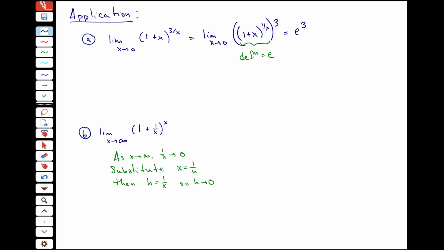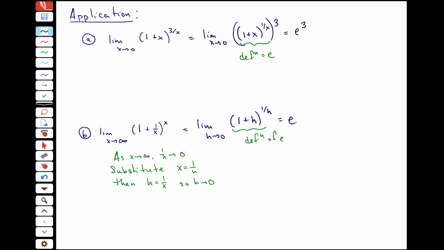So if I substitute h for x, I'm taking the limit as h goes to 0 of 1 plus, remember, x is 1 over h, so h is 1 over x. This is the limit as h goes to 0 of 1 plus h raised to the 1 over h. And so again, we recognize that this is the definition of e. And so this limit, again, it looks really nasty. This limit is just equal to e.